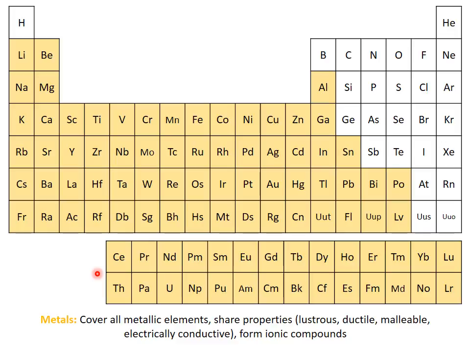Now, these are called metals because they all share certain properties. They are lustrous and ductile and malleable. They also tend to be good conductors of electricity and heat. All of these elements tend to form ionic compounds.